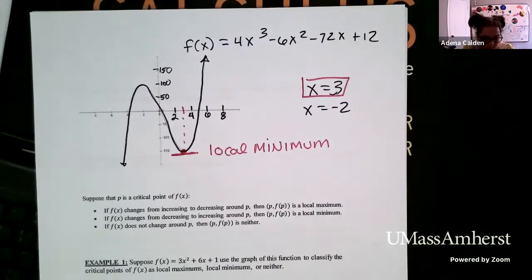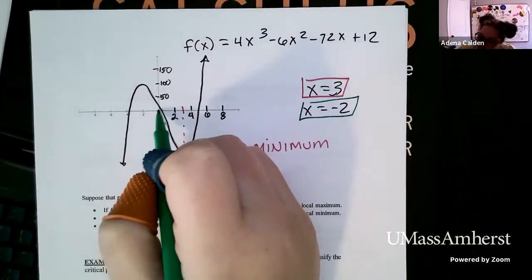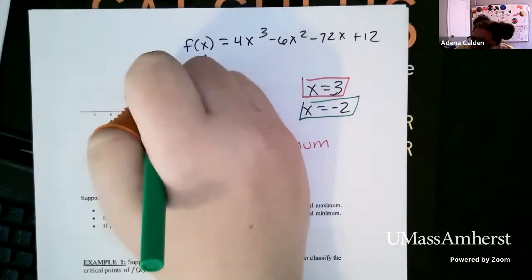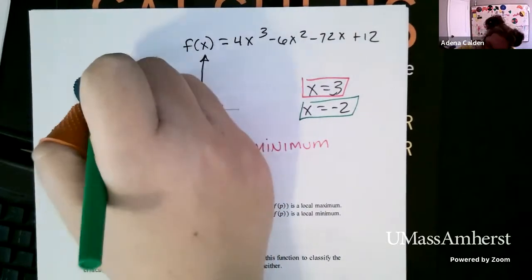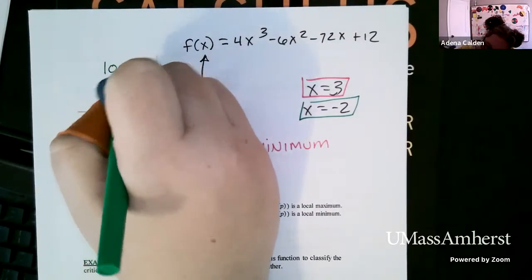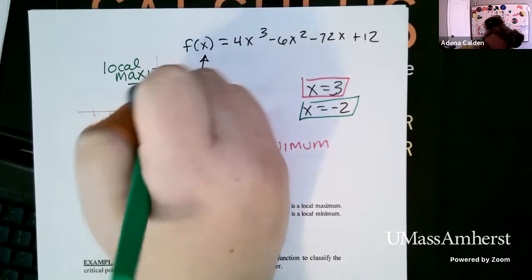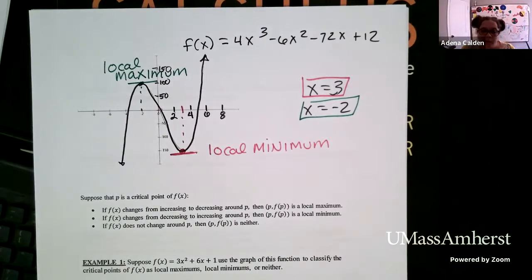Similarly, at x equals negative 2, we go to the left, so negative 2 is roughly here. We find our horizontal tangent line, look at what this visually looks like, and I see that this is a local maximum. So we are able to visually inspect the graph to determine what type of critical point it is.